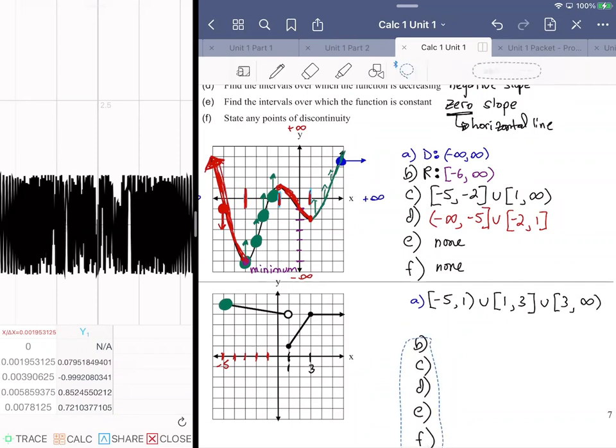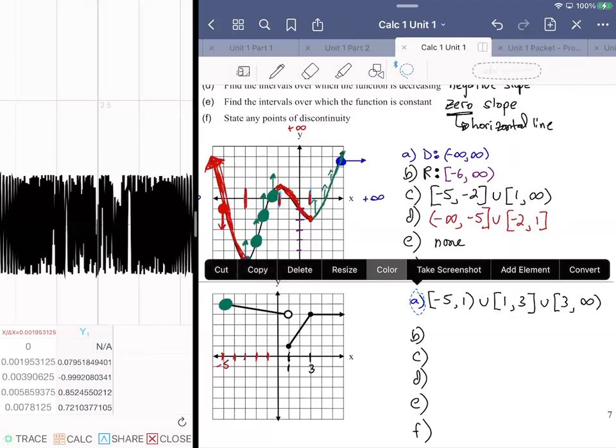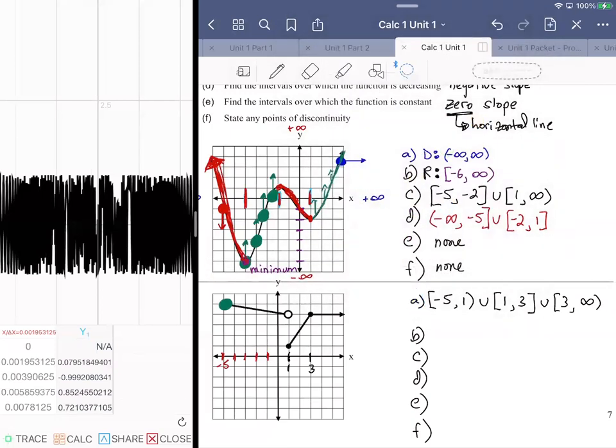But if you think about it a little bit more intuitively, you would start asking yourself, do I have to write all those pieces? Well, the answer is no, because if you go from -5 to 1, but don't include the 1, and then you go from 1 to 3, including the 1, now 1 is part of your set.